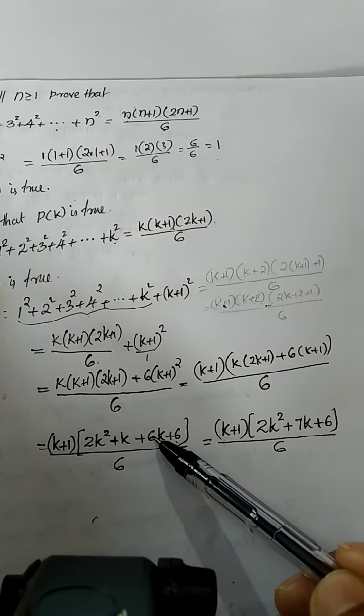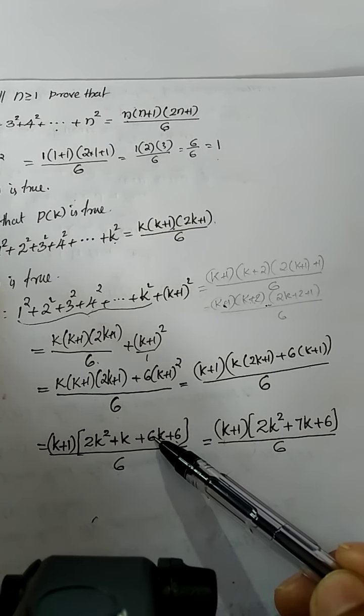So actually we want to get (k plus 1) into (k plus 2) into (2(k plus 1) plus 1) divided by 6.